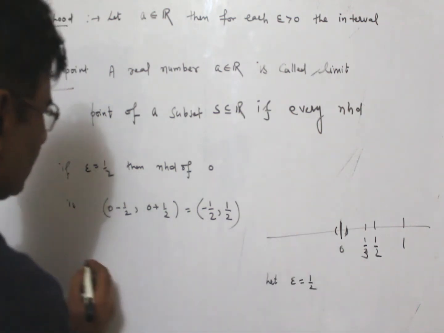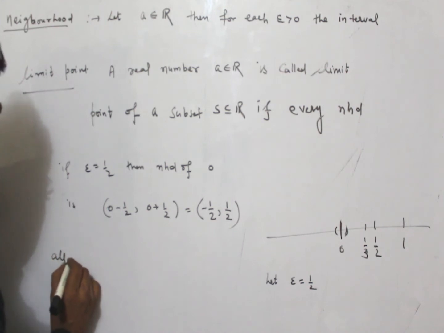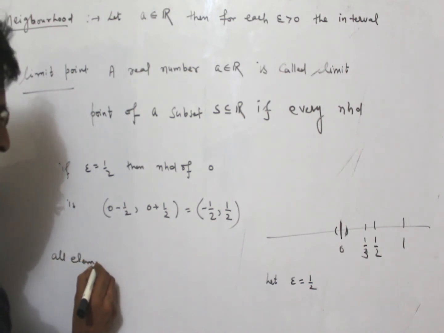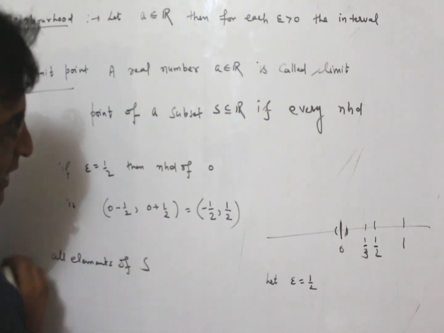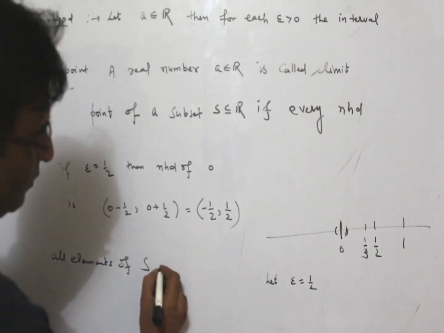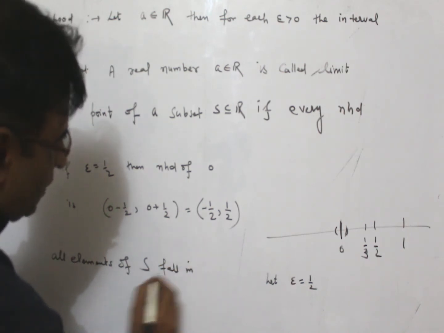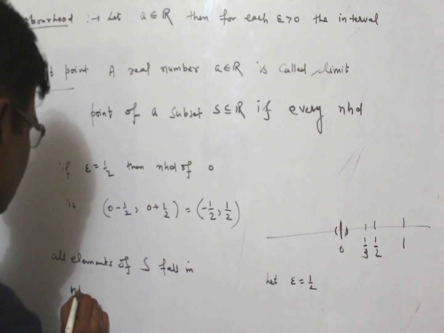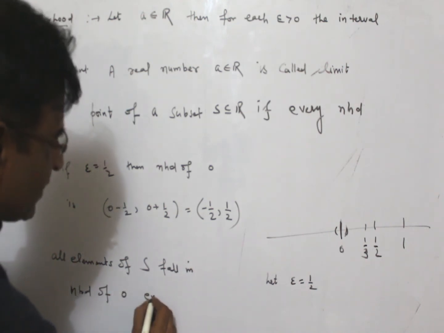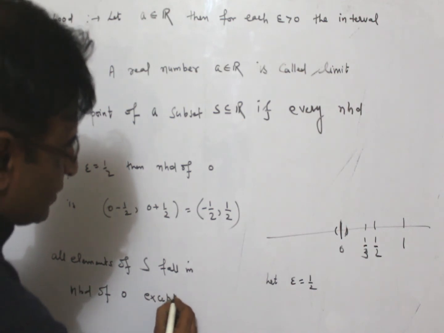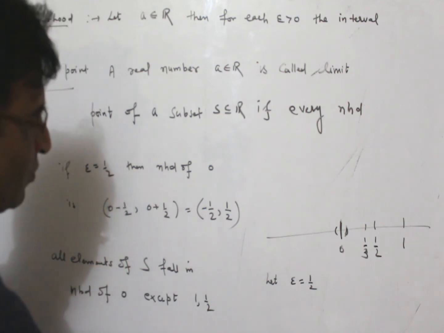That means all elements of the set S fall in the neighborhood of 0 except 1 and 1 by 2.